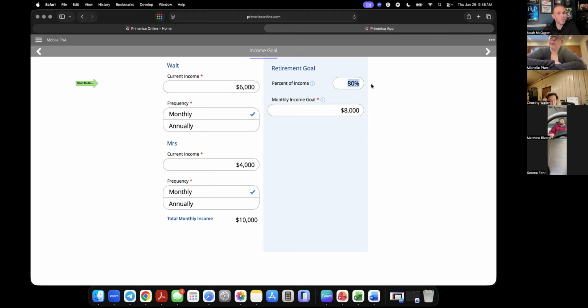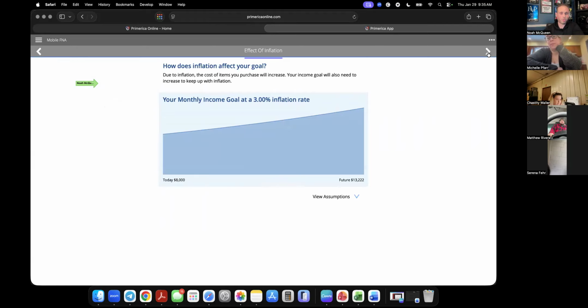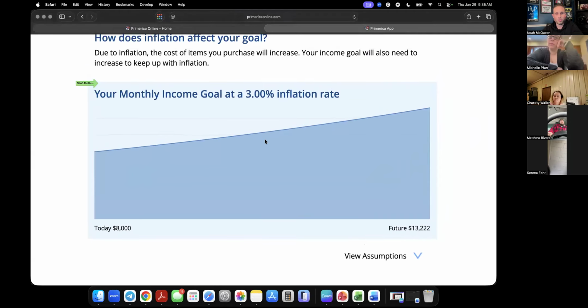Let's be honest, most people don't want to change their lifestyle, they just want to afford it. Am I right? Right. So here's where we have to plan forward, because Michelle, you understand inflation. I do. As time goes on, the purchasing power of your dollar goes down. So I'm going to zoom in for you a little bit.